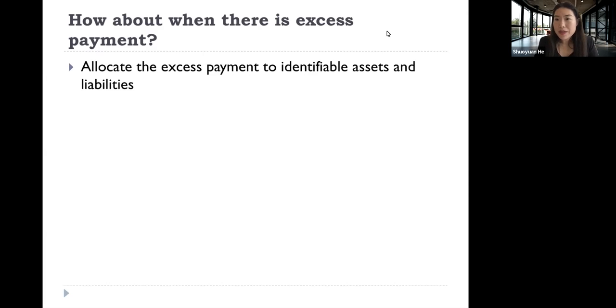And now let's look at the situation when there's excess payment. This is regarding the fifth journal entry we just talked about. When there is excess payment, meaning that the firm's purchase price of the equity stock is more than the net book value of those equity stocks, we need to allocate the excess payment to identifiable assets and liabilities.